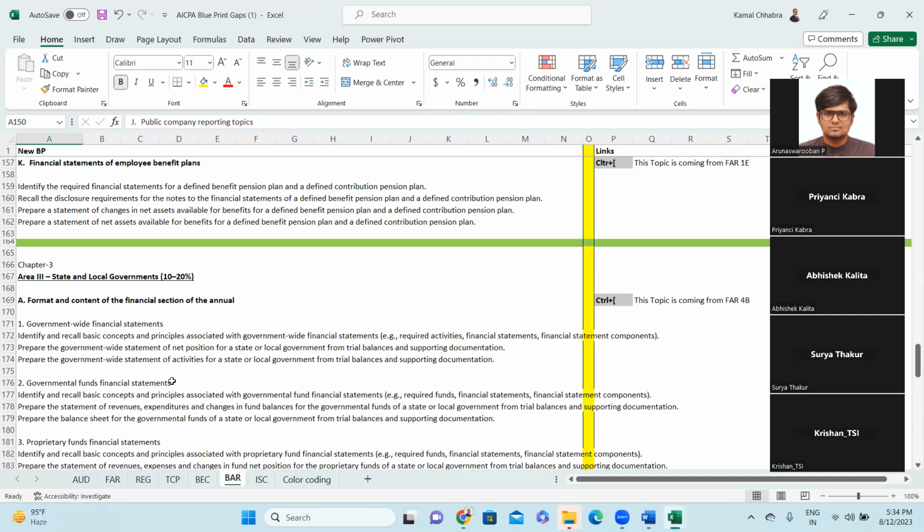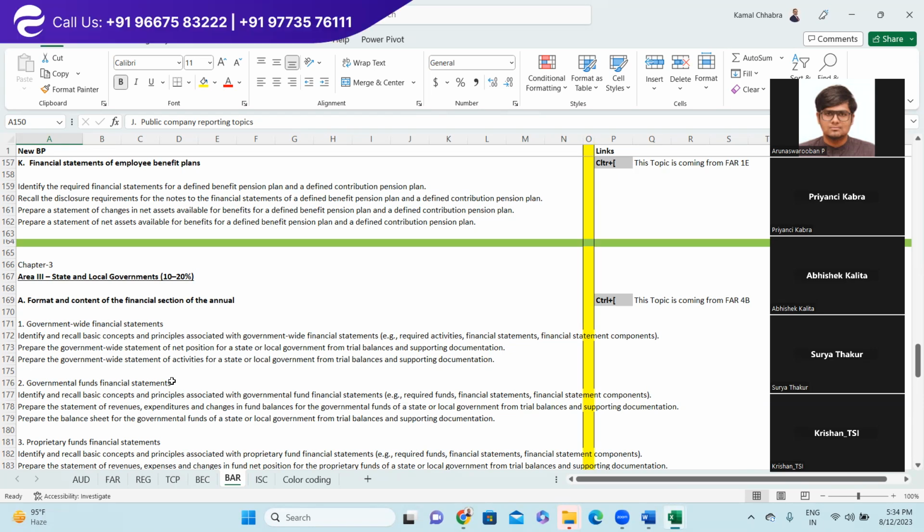Right? Those long-term employee benefits, sometimes the company maintains and manages in its own trust, or sometimes they give it to a third party, generally an insurance company, to manage and maintain. When the company manages and maintains it on its own, it is called a defined benefit plan. When they give it to a third party like an insurance company, bank or financial institution, that is called a defined contribution plan.